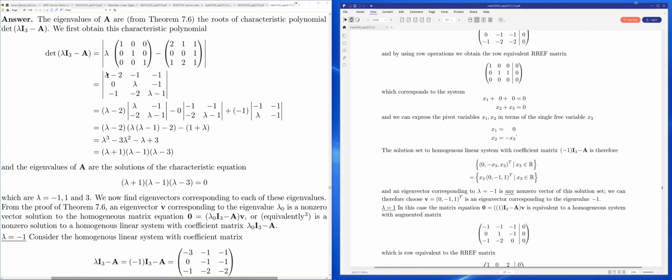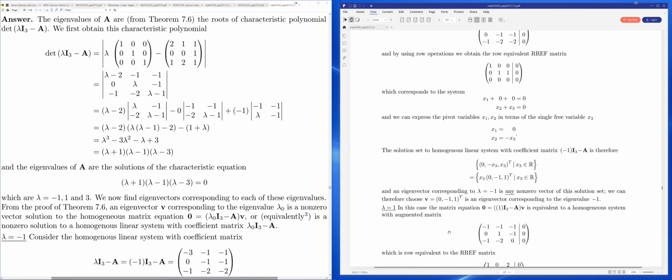So here I'd get 1 minus 2, which is minus 1. I'd get lambda equal to 1, which is 1 here. I get 1 minus 1, which is 0 over here. The off-diagonal elements remain the same. So I can determine the 1 I3 minus A from this lambda I3 minus A by using lambda equal to 1.